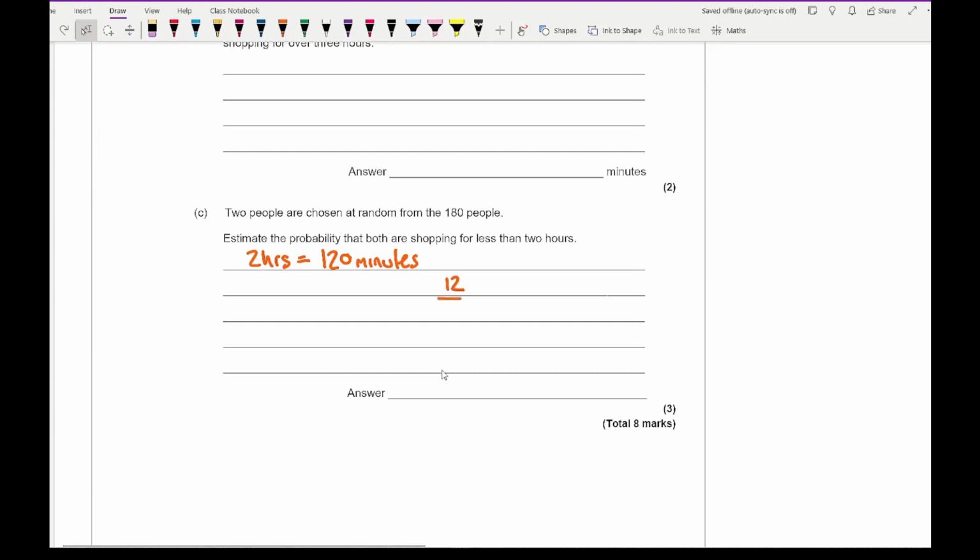So then the probability of the first person is going to be 12 over 180. Then I take the second person, so that's going to be 11, and that's going to be out of 179.